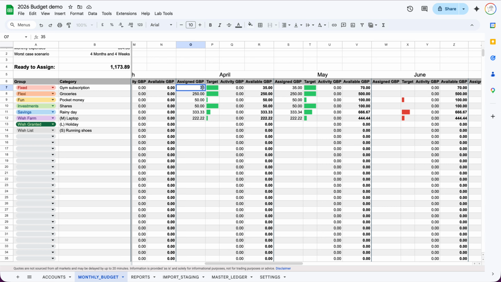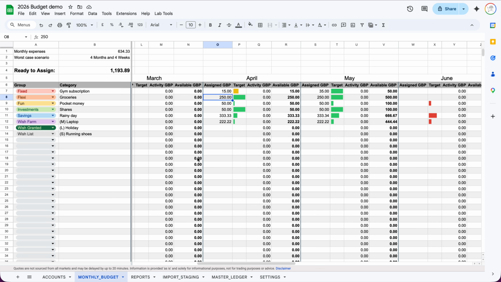But if, for example, I say that actually I've only got £15 to assign, you can see how it drops down and it just gives you a bit of a visualization of what's going on. And over here, you can see how I am short of my current target for where I'm trying to be, so I need to save more money into it.